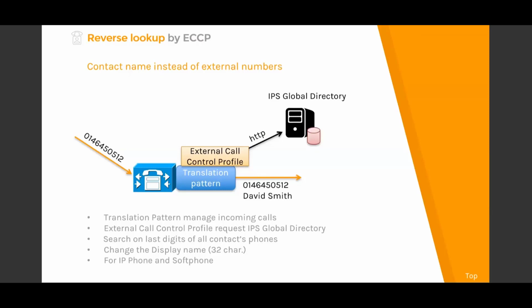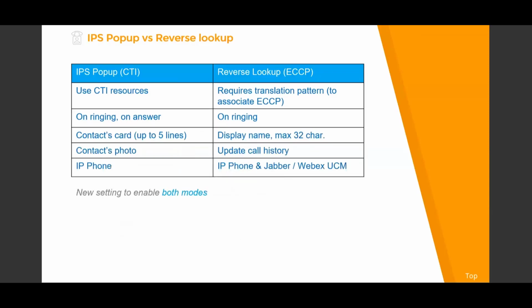This is interesting if we compare the two solutions. On pop-up, you can have more information. You can display it on ringing or on answer. You can display the photo. It works on the phone only. With the CCP, it's only on ringing, but you can display a name up to 42 characters, and it will also update the call history, which is interesting, and it works also for a softphone.